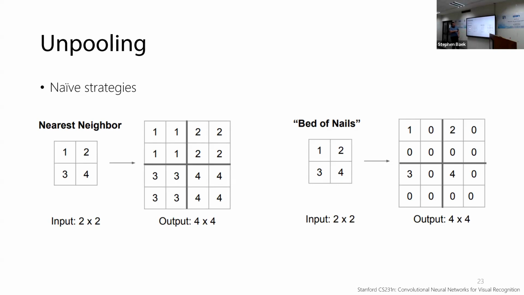This is the simplest way of defining unpooling. There's also a technique called the bed of nails, which is an idea of placing the numbers at the corner of each of the 2x2 tiles, 2x2 patches, and then the rest is just filled with zeros without introducing any repetition of pixel values.